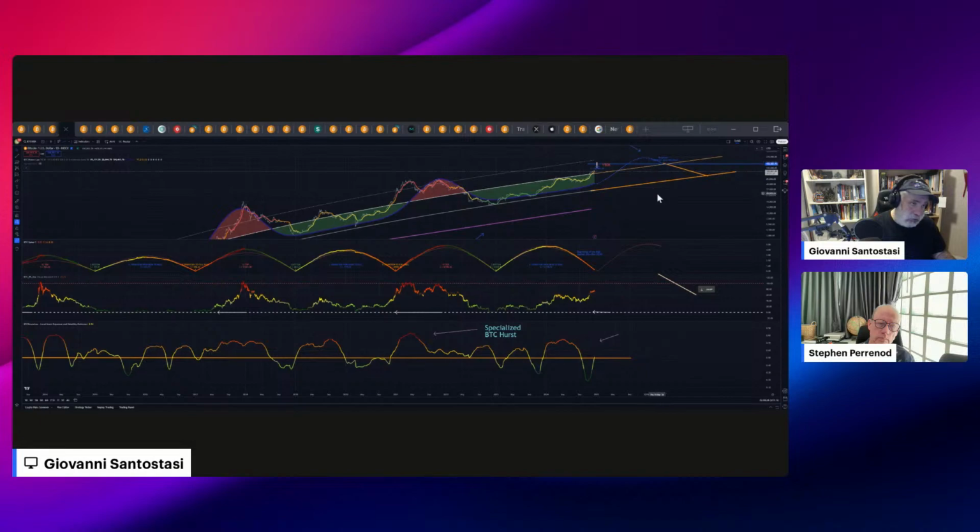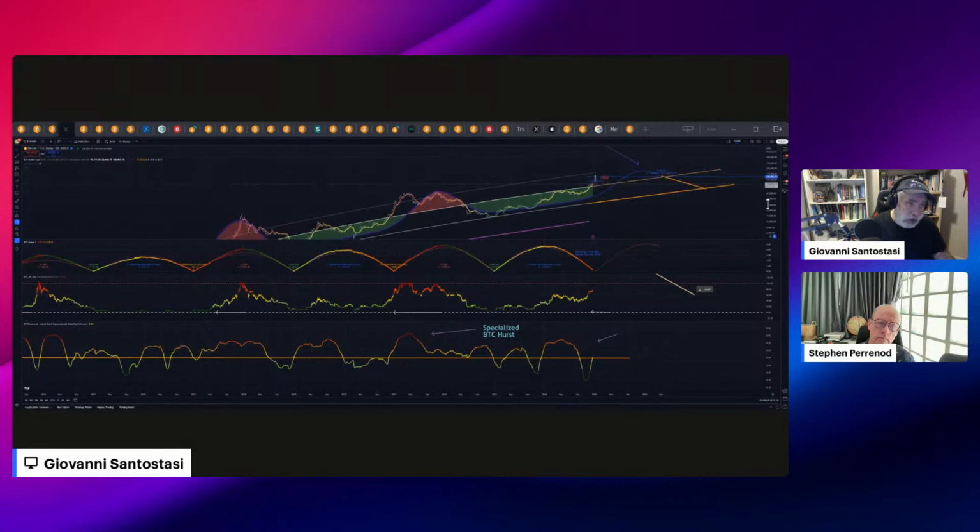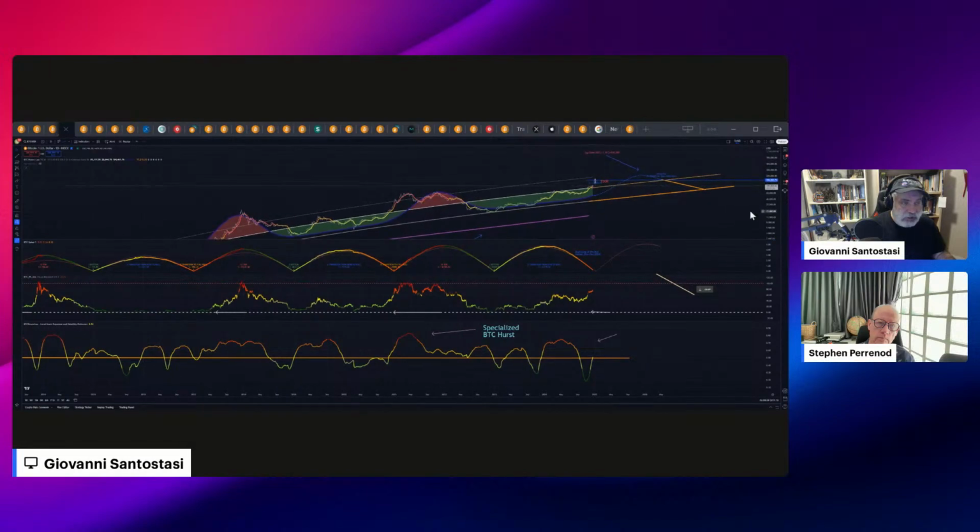The cycle is supposed to have a top in November of next year, and we calculated what we think the top is based on also another data, the fact that the decay of a top is also following a predictable pattern, right?